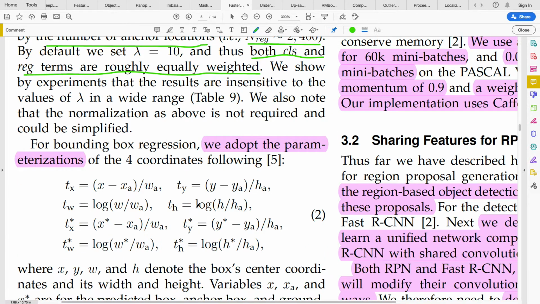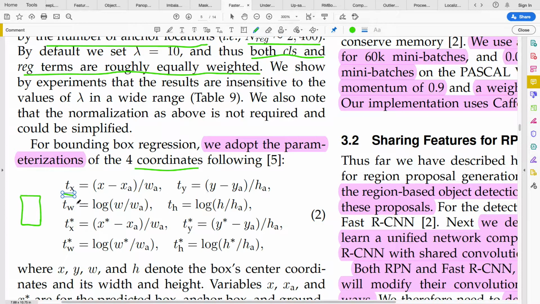The details of the different coordinates of the bounding box are given below. To get the bounding box coordinates, you have the x, the y, the w, and the h. Essentially, the w and the h are the width and the height of the bounding box. If you are predicting a bounding box, you want to predict how wide and how high it should be.